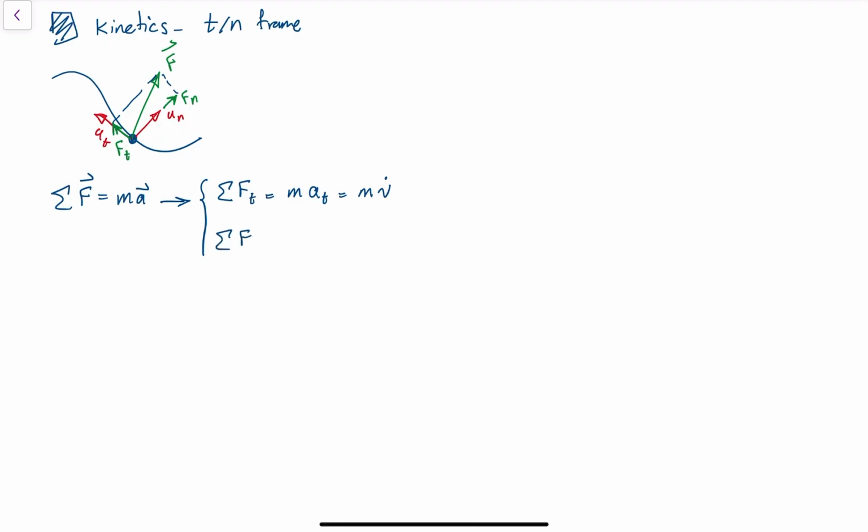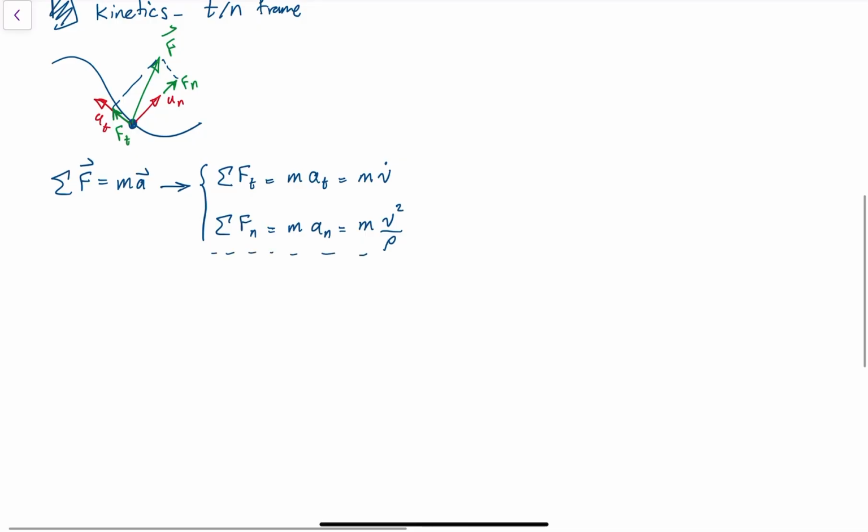And sum of all forces, their normal component, is mass times the normal component of acceleration, which we saw was v squared over rho, the radius of curvature. So depending on how much information and what information you have available in your problem, you may want to forget about rectangular frame and go with a normal tangential frame.